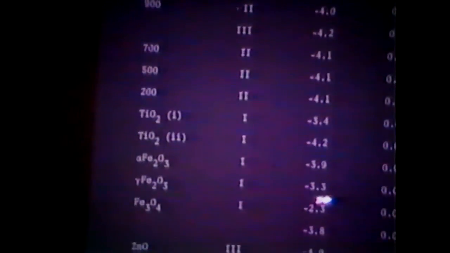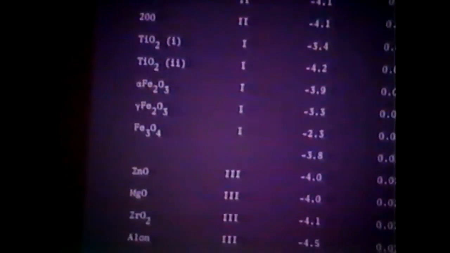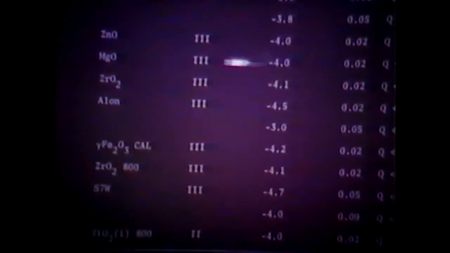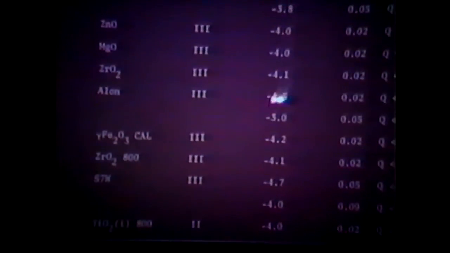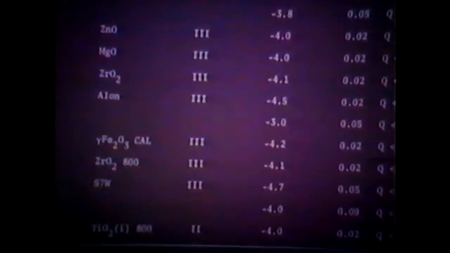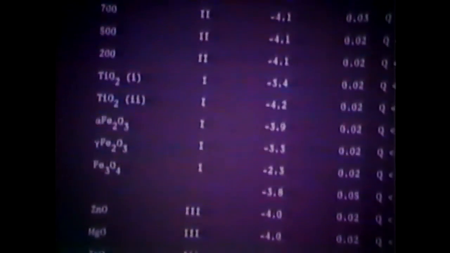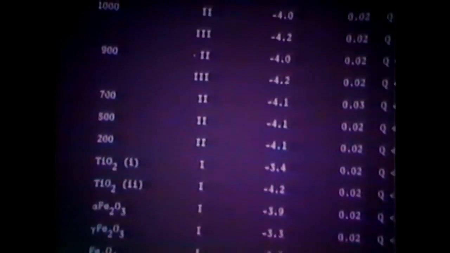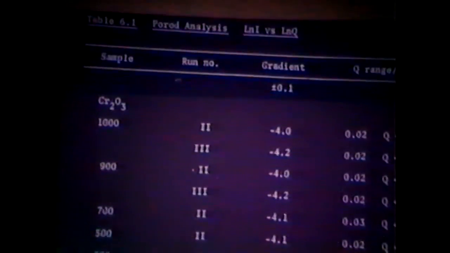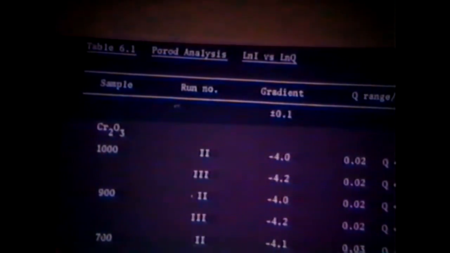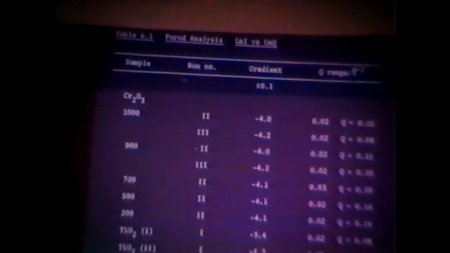They're not very good, probably some porosity which is ill-defined. These are nice: zinc oxide and MgO. And remember, the fact that it's minus 4 means it's a model system, or not quite a model system, but the interface must be very well defined. That's a high one, that's Spherosorb silica. Titanium quite good there again.